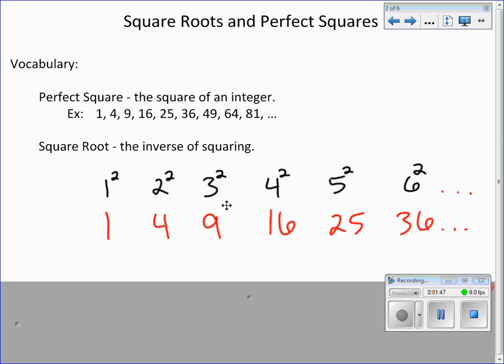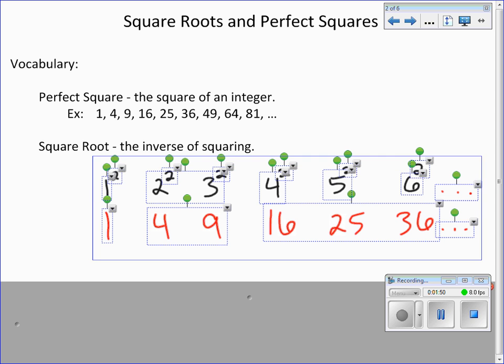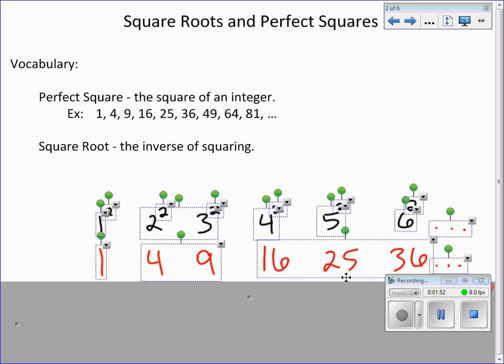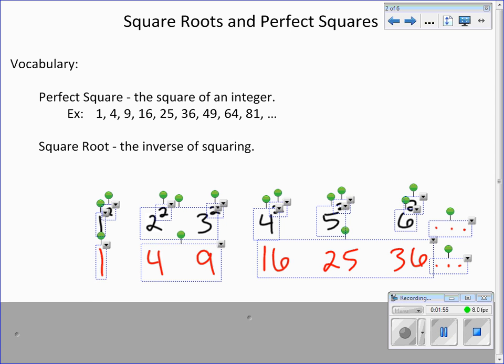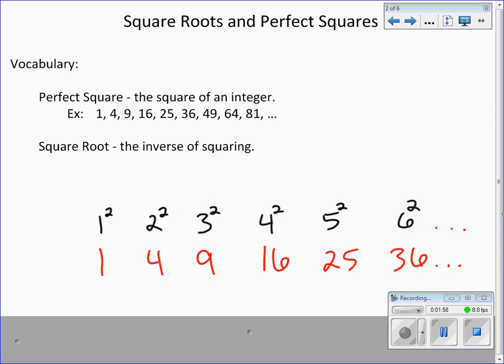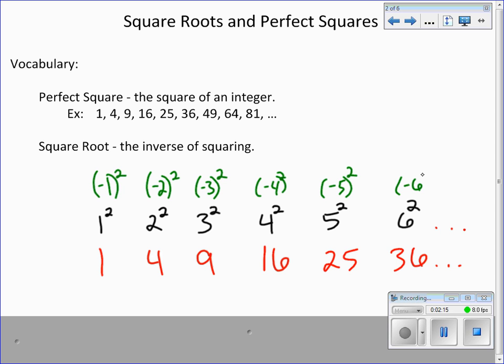Okay? Now, I know you've had perfect squares in the past, but you might not have looked at perfect squares as being the square of the integers as well, because the same thing works for our negative versions of this. If you look at negative 1 to the second power, you're going to get negative 1 times negative 1, which gives us a positive 1.